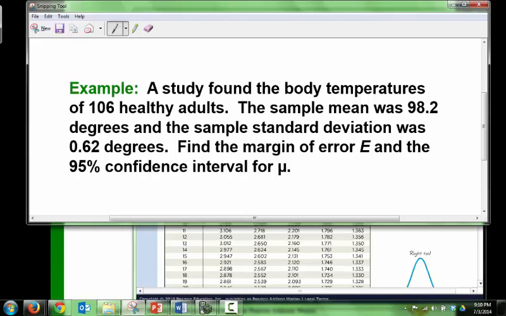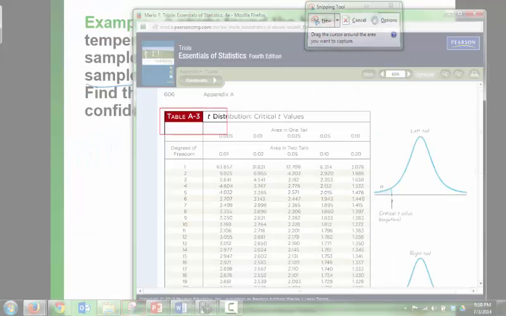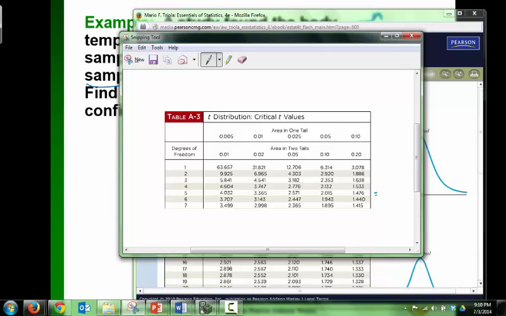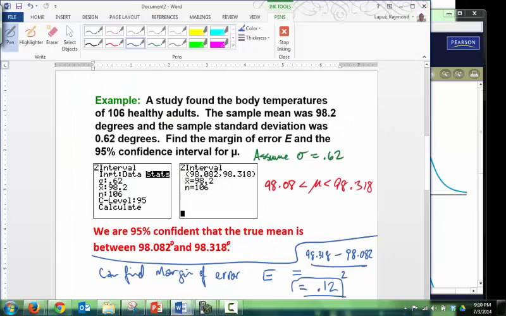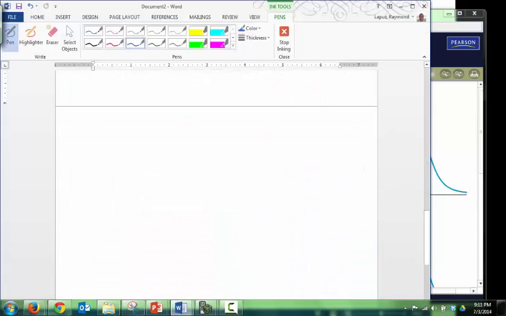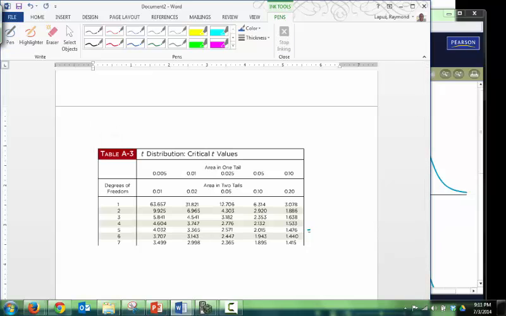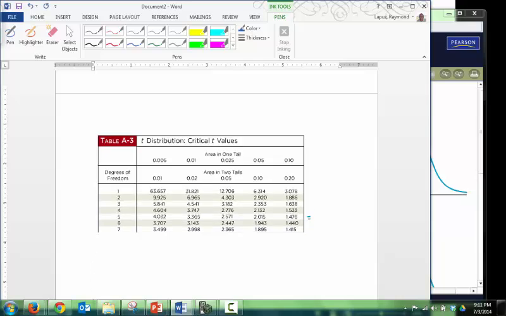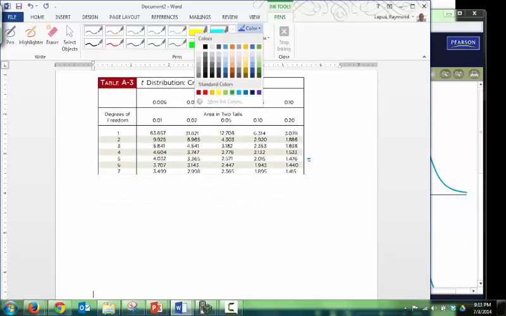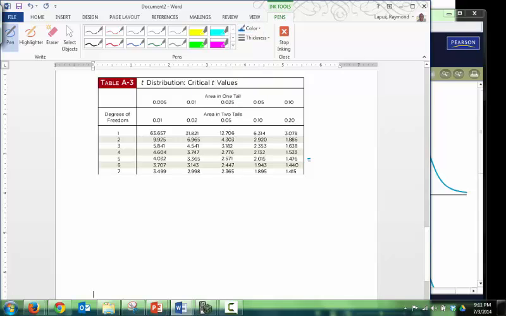I think I'm going to need to take a copy of this and paste it. So what we want to look at is our alpha, or our 95% confidence, and we know this is 0.025, 0.025.